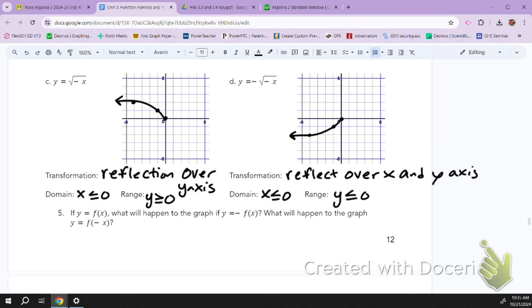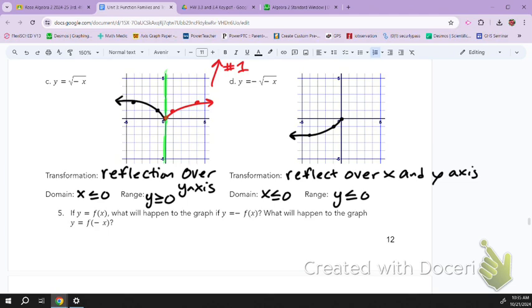So for C, our original parent function is this. That's our parent function from number 1, right? So then it's been reflected over my y-axis. Good question. So it went over there. Okay, so we're always going back to that parent function from number 1.